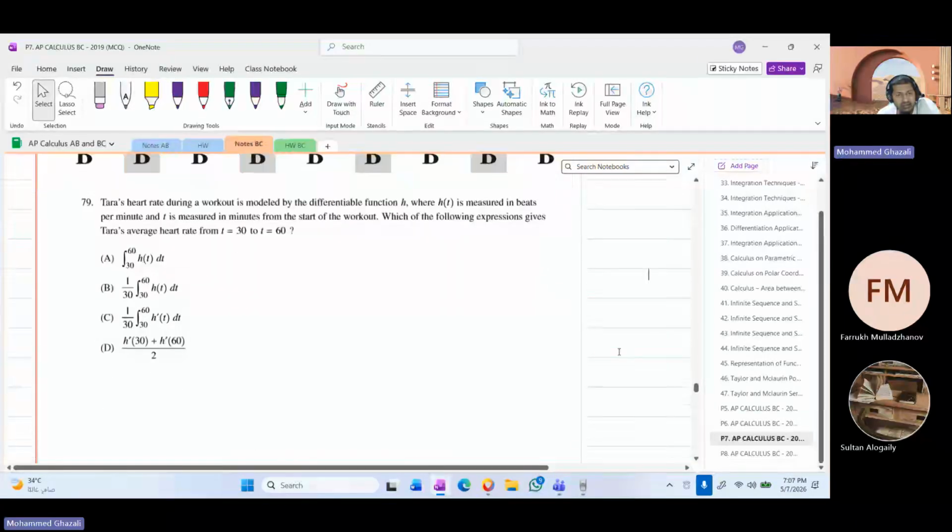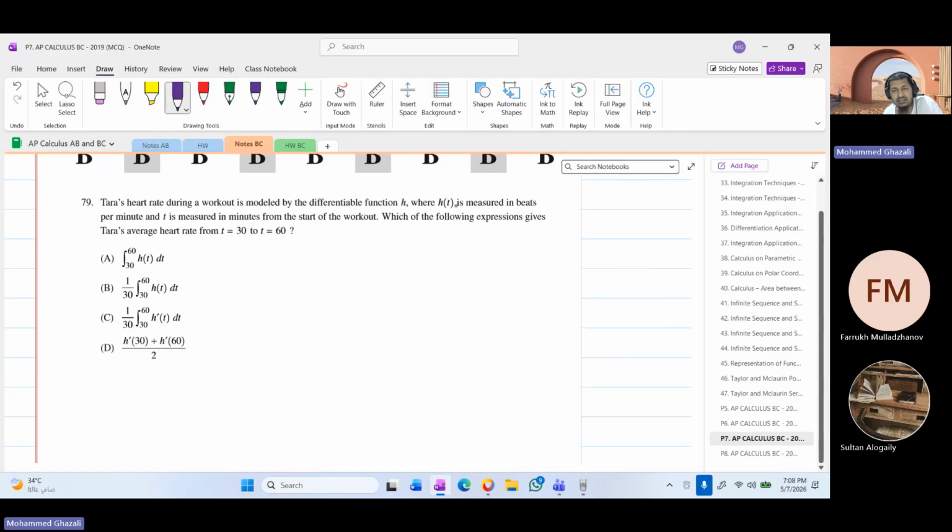Right, that's great. Next one. Tara's heart rate during a workout is modeled by the differentiable function h, where h of t is measured in beats per minute, and t is measured in minutes from the start of the workout. Which of the following expressions gives Tara's average heart rate from t equals 30 to t equals 60? The average value of a function is 1 over b minus a, the integral of f of x dx from a to b.